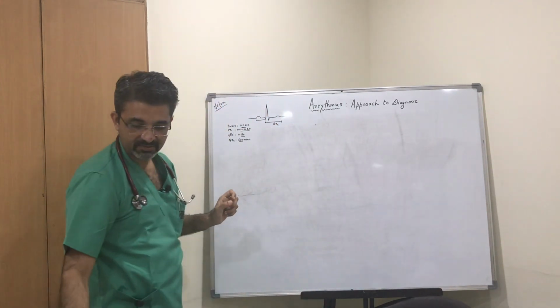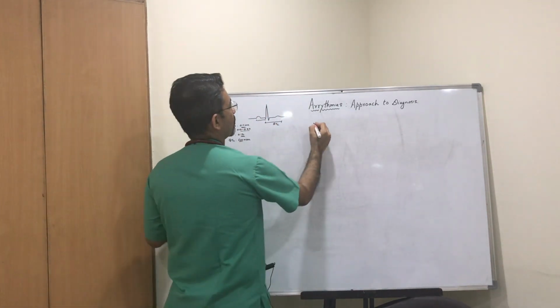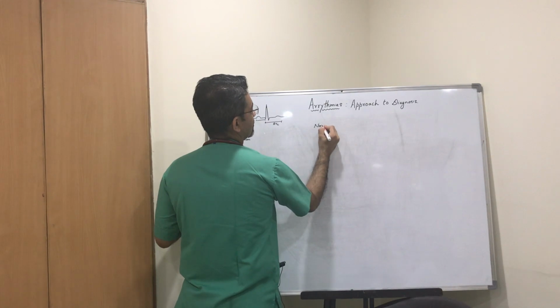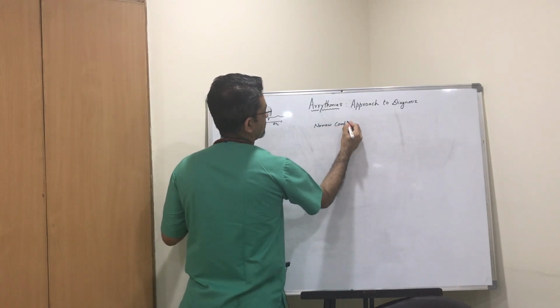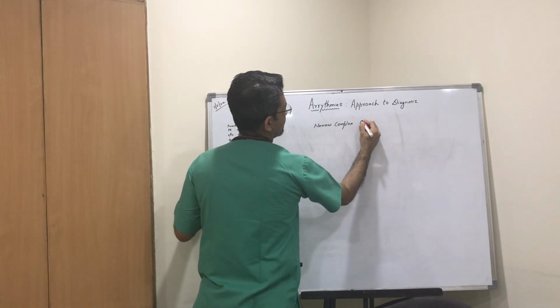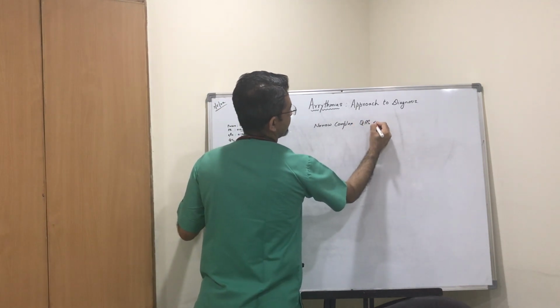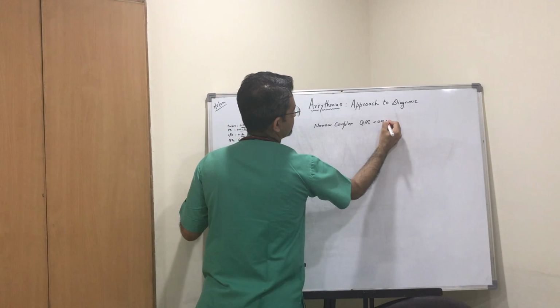So first we talk about narrow complex. That means QRS duration is less than 0.12 seconds.